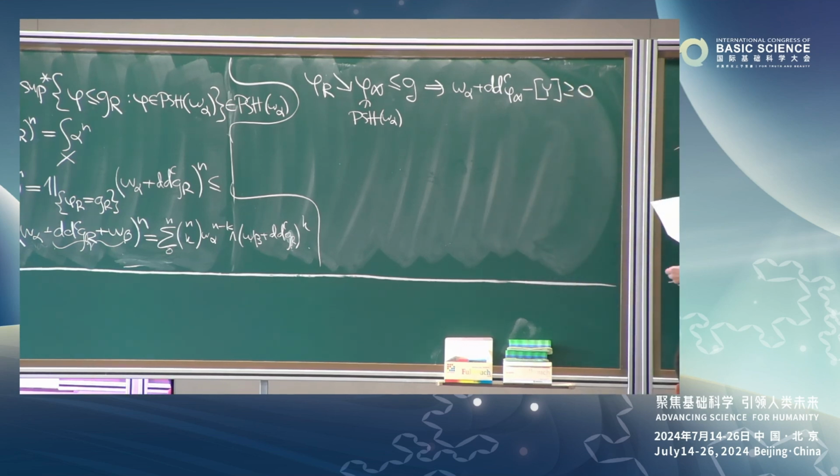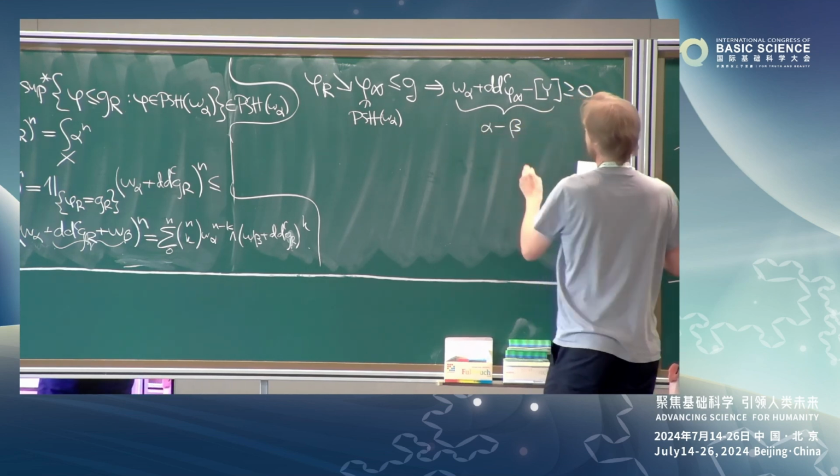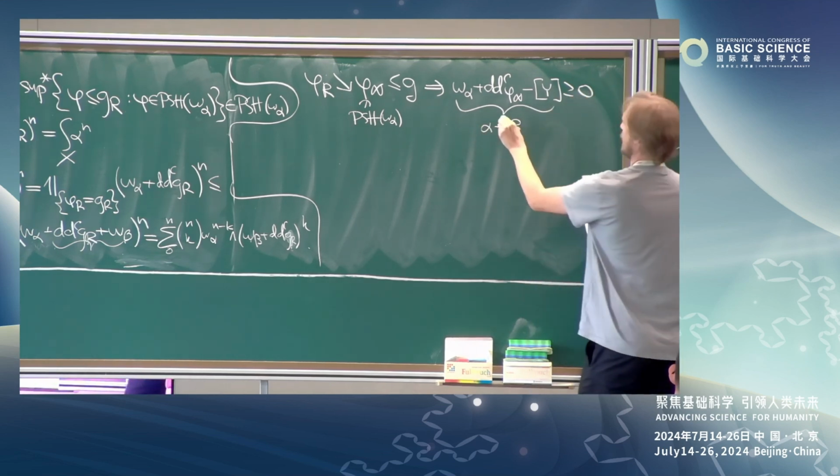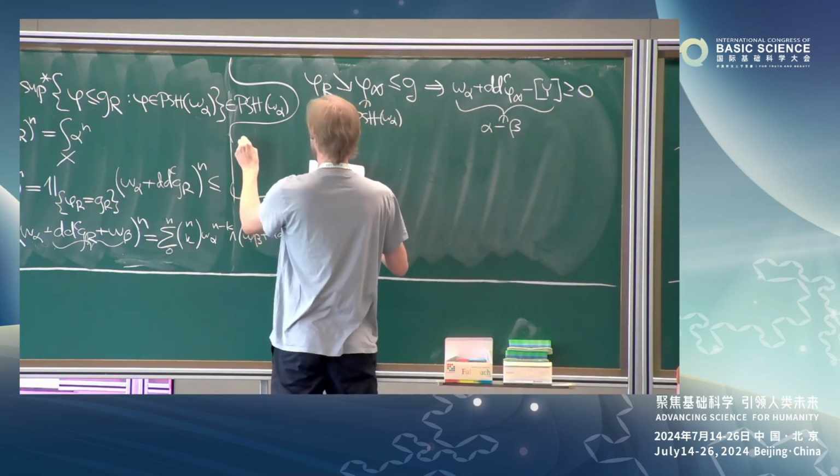So here we get the positive current, and we see here that this thing lies in alpha minus beta, which is good. Okay, now we're ready here.